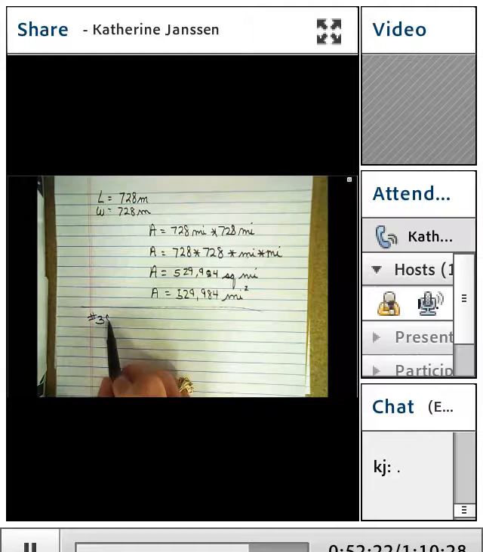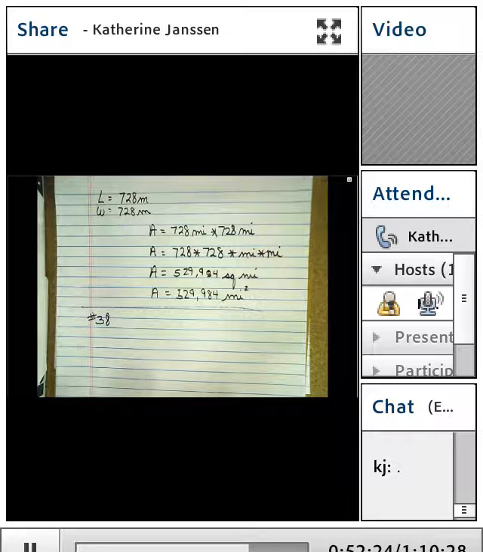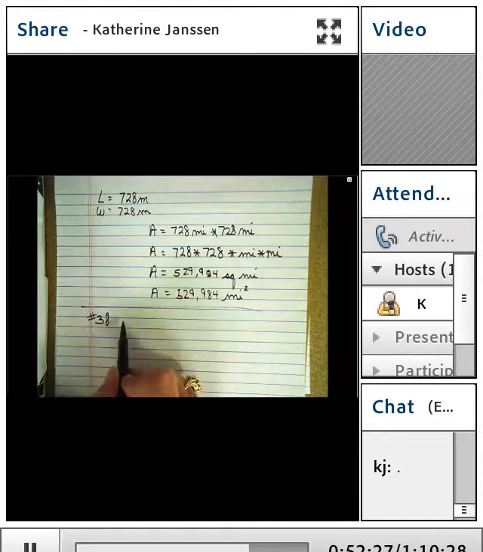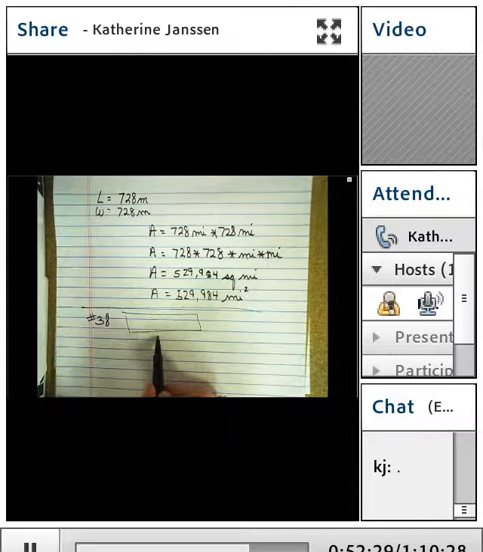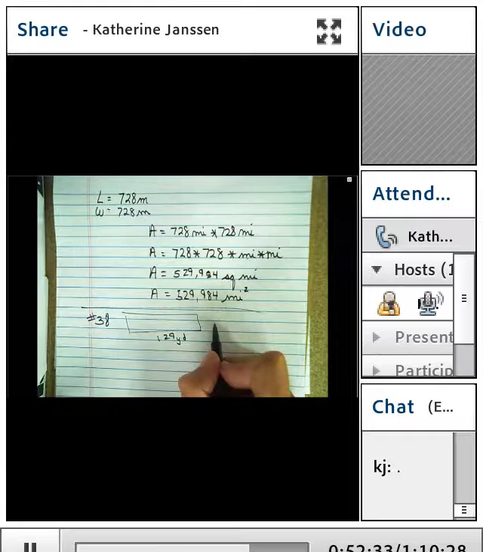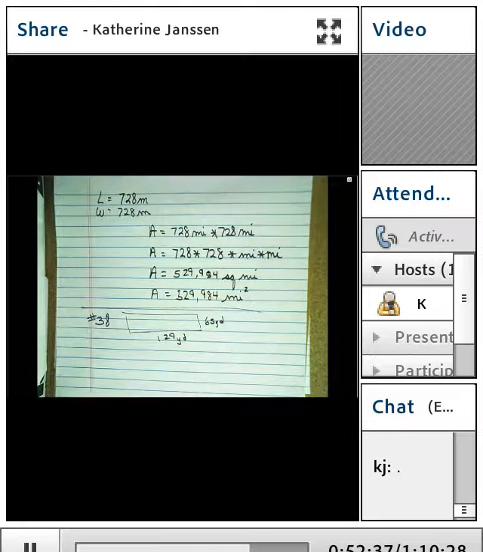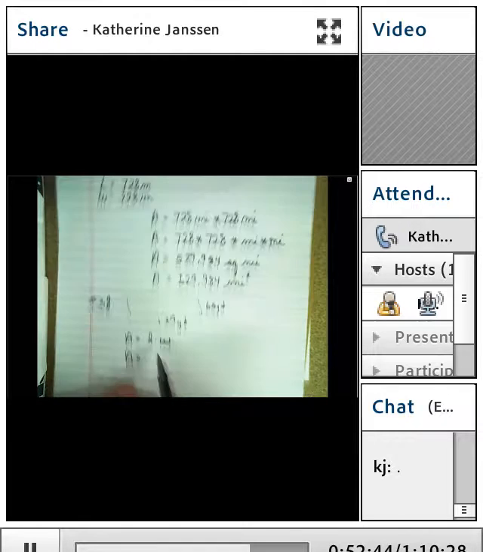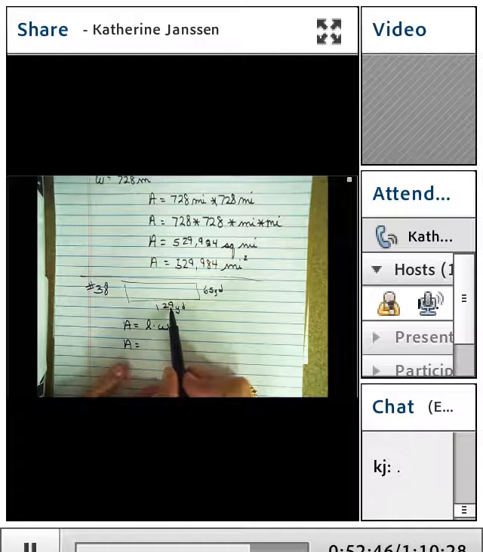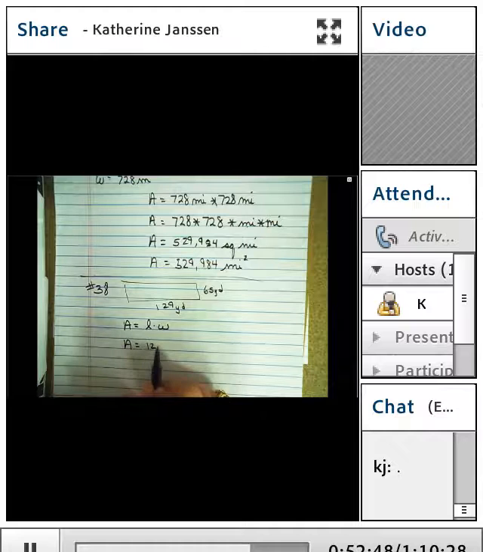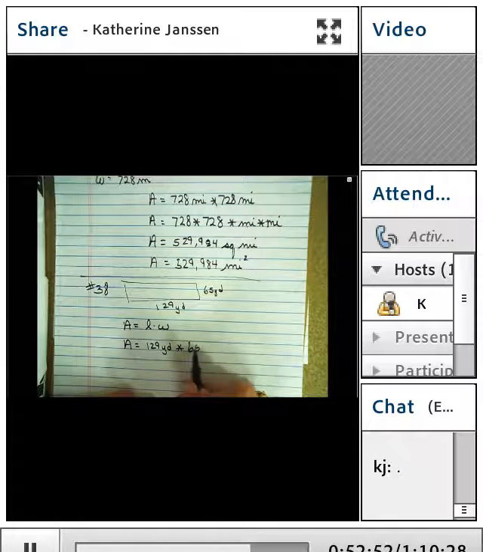Number 38 on page 25, I have a diagram. It's 129 yards by 65 yards. It is a rectangular object, so my area is equal to the length times the width. Once I know my pattern, I can substitute: the length is 129 yards times the width, which is 65 yards.